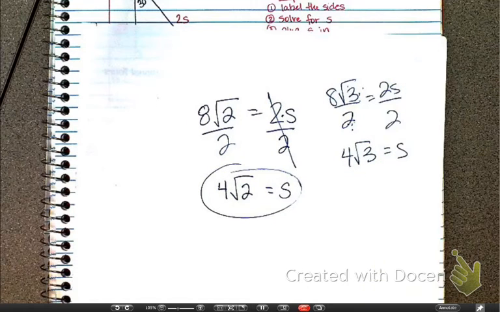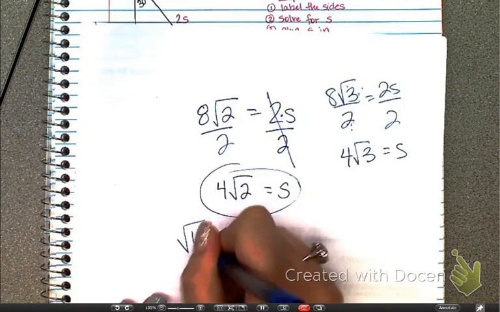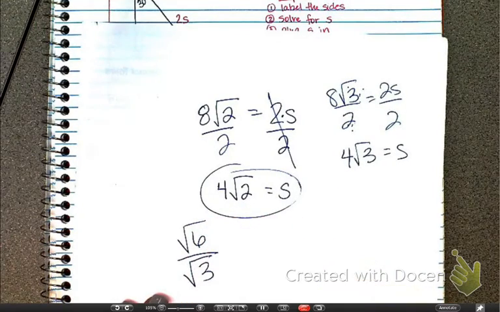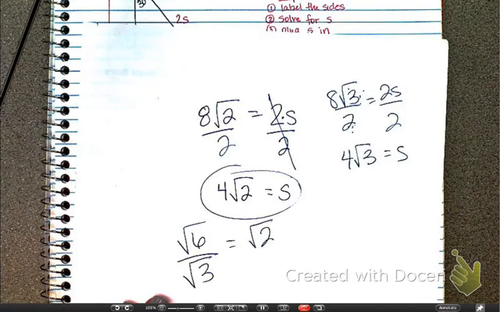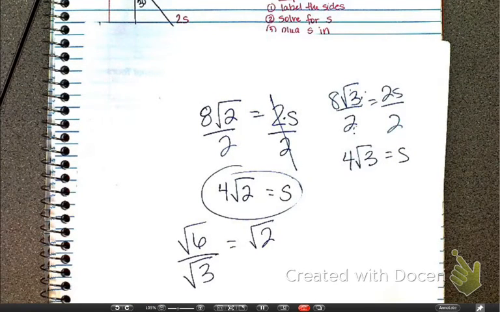The only time you can combine a square root is with another square root. So if I had something like the square root of 6 over the square root of 3, this would be the square root of 2. Because they're both in the square root, so I can simplify. If they're not both in the square roots, you kind of treat it like a variable and you just let it be by itself until the end.